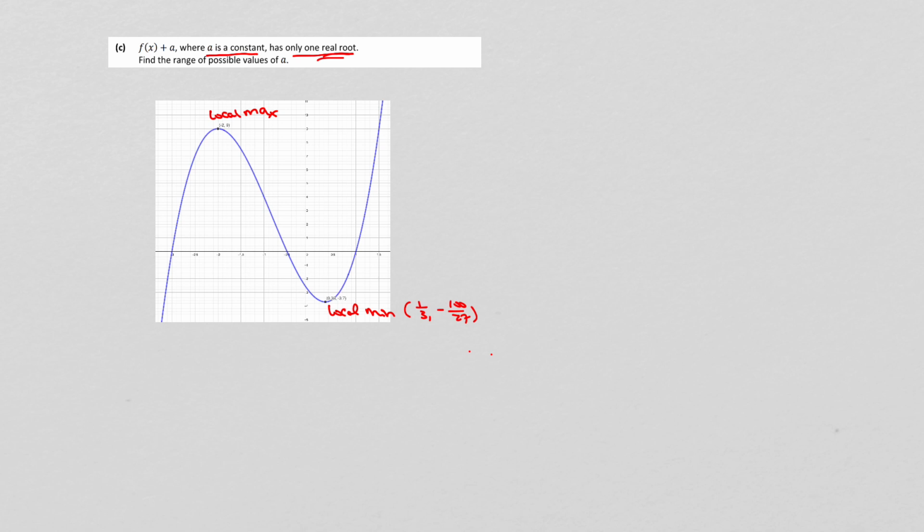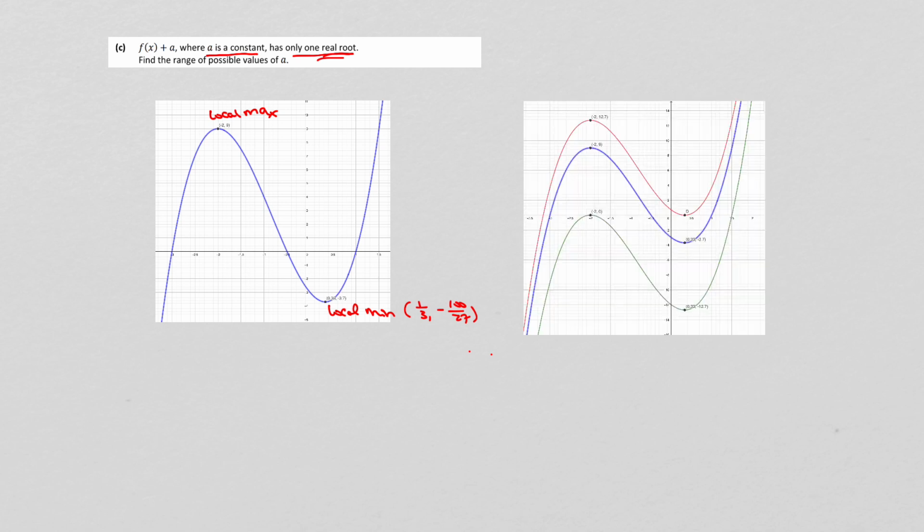So what we end up with is a graph like this, where we can see the blue is our original graph, and the red has basically moved the graph in an upward direction. And it's moved up so that the min now sits on the x-axis.